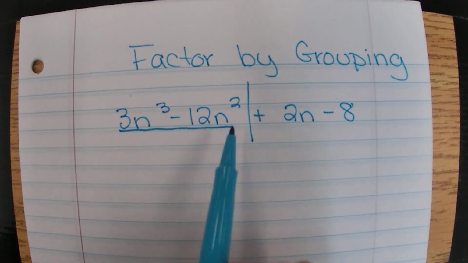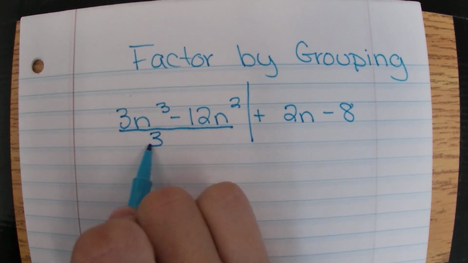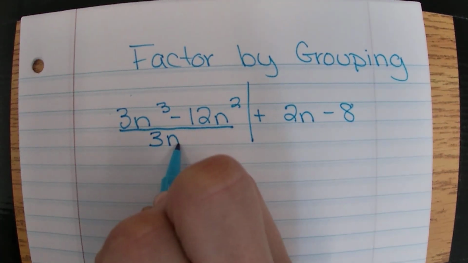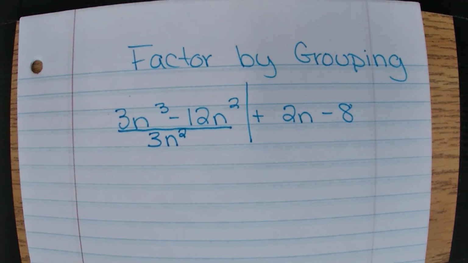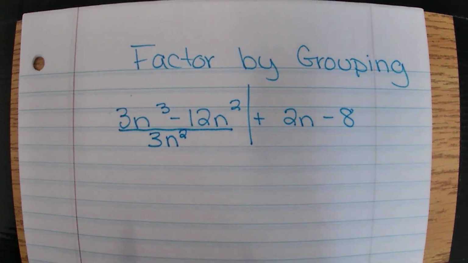So over here on the left-hand side, what goes into 3 will also go into 12. We're going to pull out a 3. They both have the variable. That smaller exponent is 2. So when we divide this out, 3 divided by 3 gives us 1.